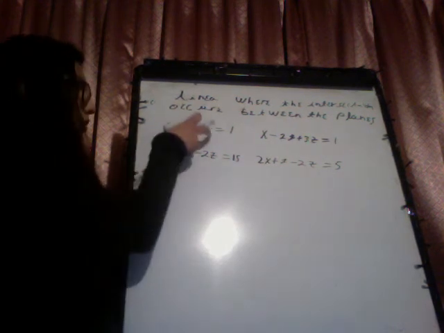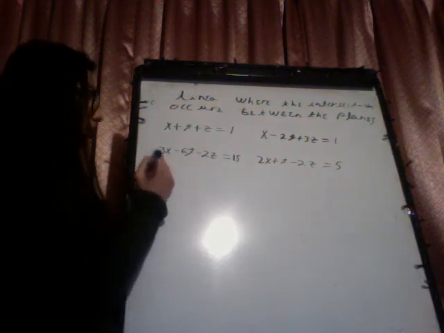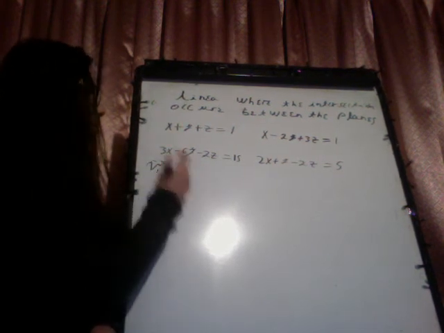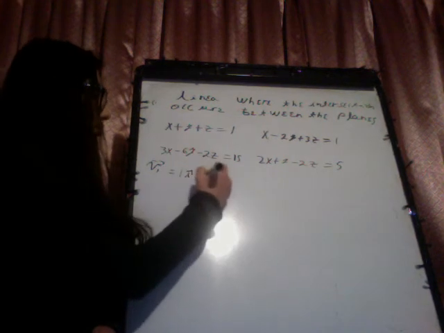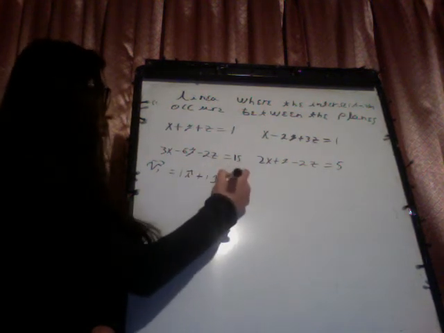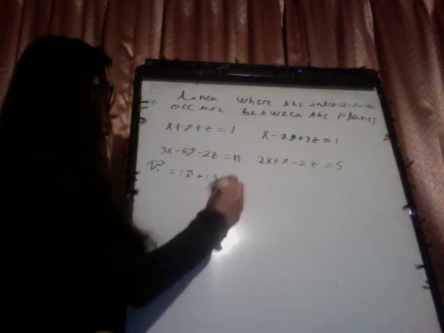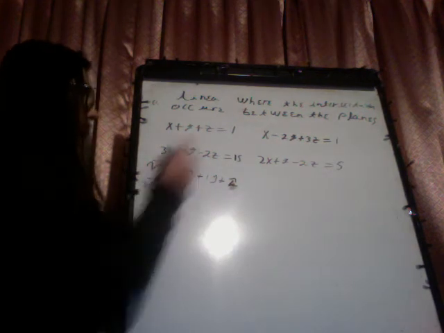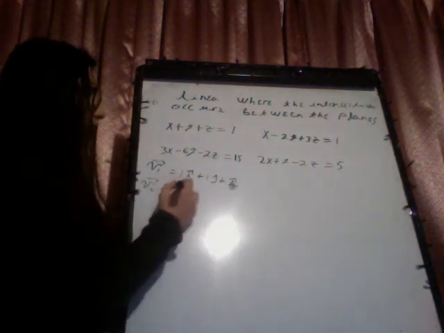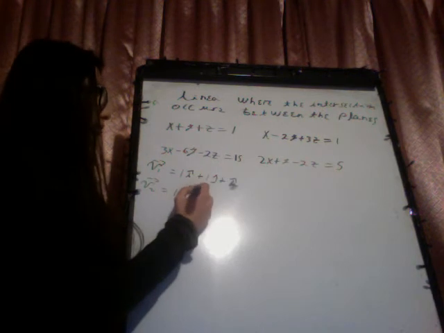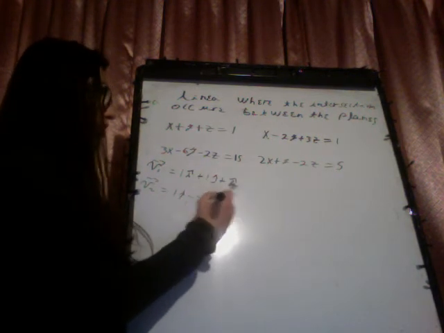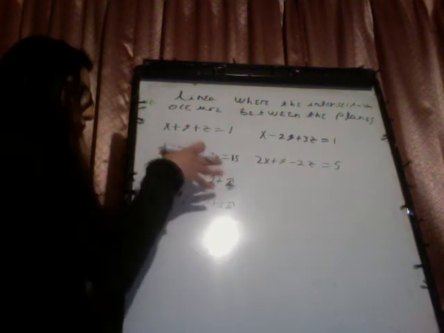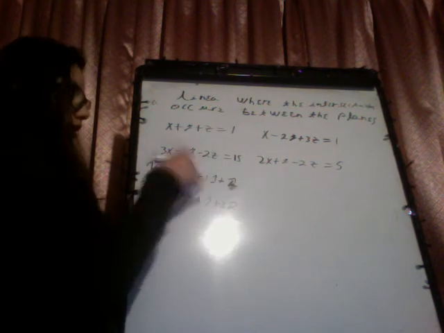So the normal vector of the first plane is v1 equals 1i plus 1j plus 1k, and v2, the normal vector of the second plane, is 1i minus 2j plus 3k. Alright, so now let's cross these vectors.